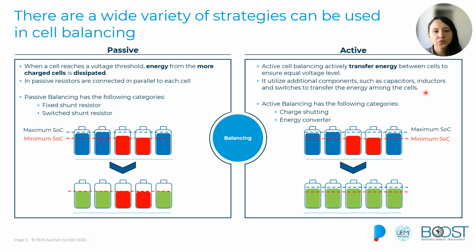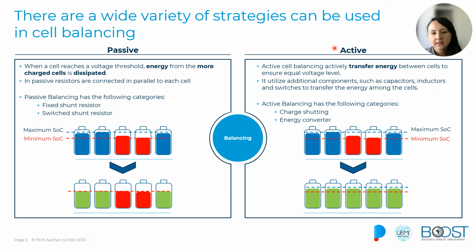To do that, we use electronic components that are capable of storing energy, such as capacitors, inductors, or transformers. That's going to be the agent that helps us collect energy from one of the cells and then transfer it to another one.